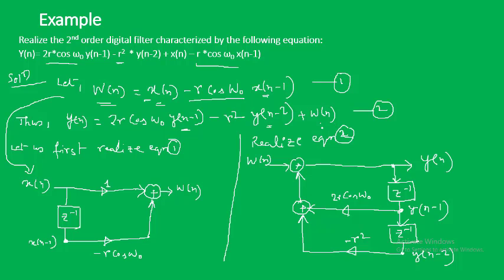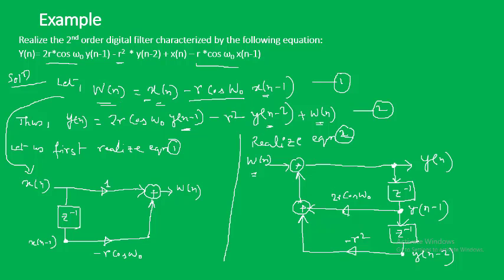Similarly, if we try to realize equation 2, so here we have w of n as our input. So we have written w of n here, and from y of n we are taking the feedback. So this is forming a feedback path. So z inverse, 2 delay elements we are using. At this point we are getting y of n minus 1, and here we are getting y of n minus 2. So here you can see n minus 1 and n minus 2.